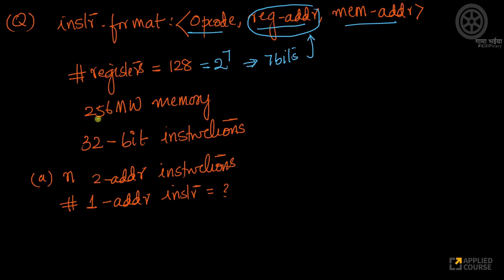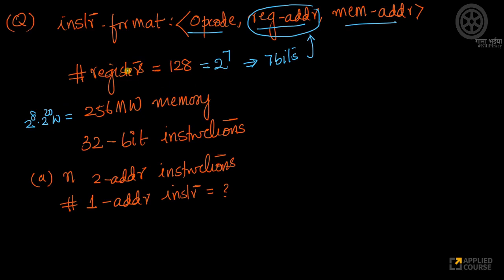Next, I have 256 mega word memory. What is 256? 256 is 2 power 8 into 2 power 20. So 2 power 28 words is what I have for my memory. Now, if it is 2 power 28, 28 plus 7, something is not working.